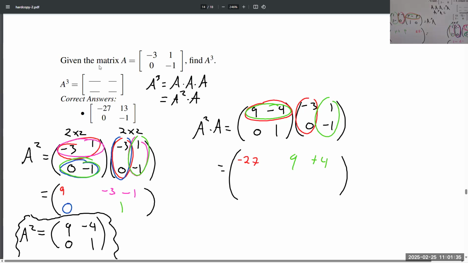Okay. Row by column. 0 plus 0 is 0. Row by column. 0 minus 1. So there it is.